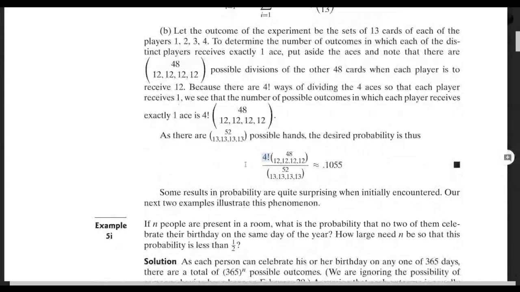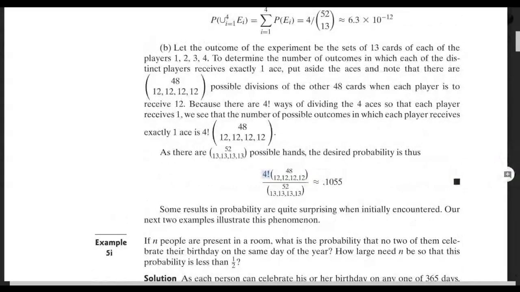So 4 factorial permutes the aces among the players, right? Each of the 4 players may get one of the 4 aces, because of the 4 different suits. So that's a permutation, 4 factorial.